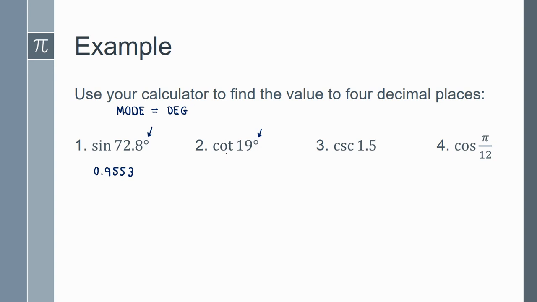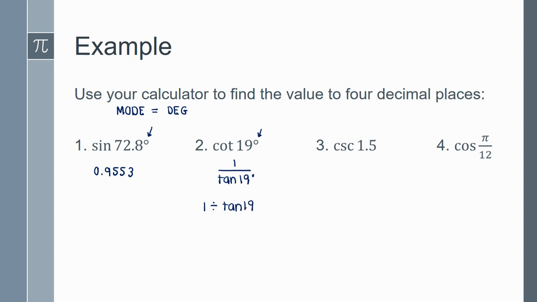In the next one, we have cotangent of 19 degrees. Cotangent is not a button that we have on the calculator. So remember, cotangent relates to tangent. So we are going to have to do 1 over the tangent of 19 degrees. Or another way in your calculator, it's 1 divided by the tangent of 19.